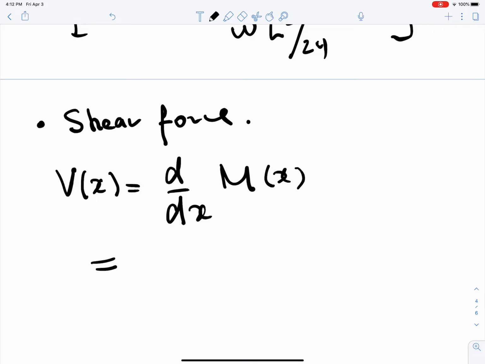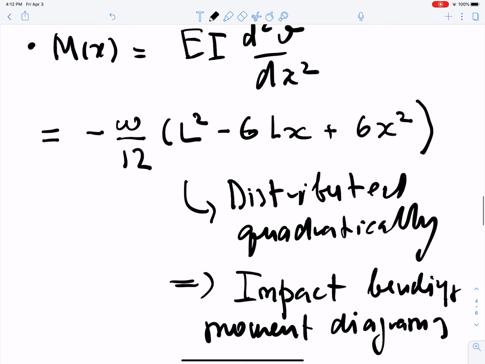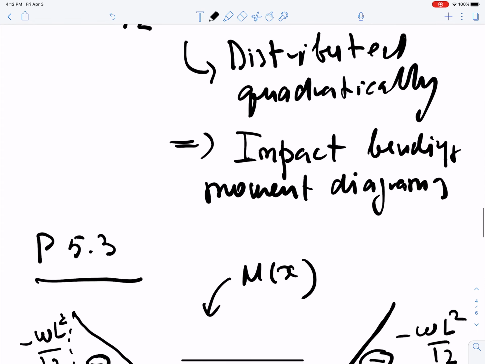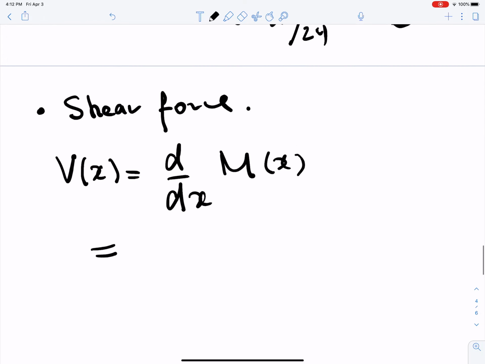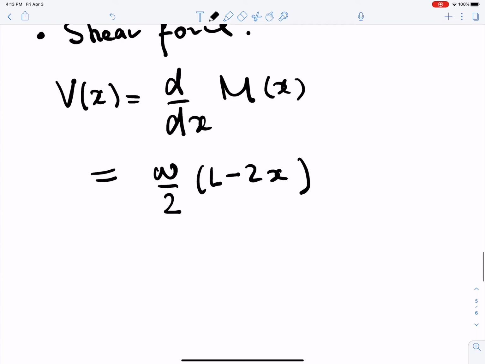We'll look at the expression for m that we derived. And from a quadratic, we'll go to a linear function, W over 2, L minus 2x.